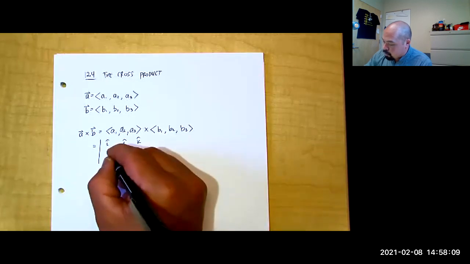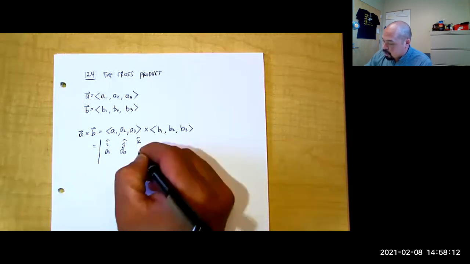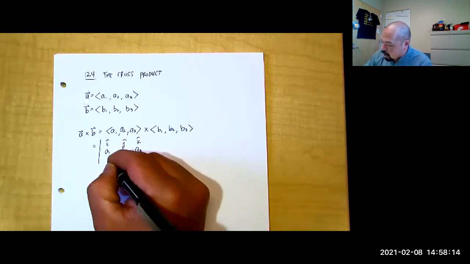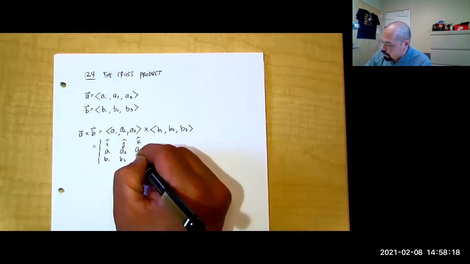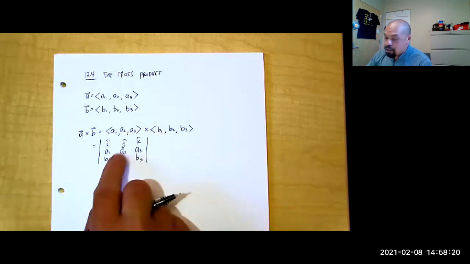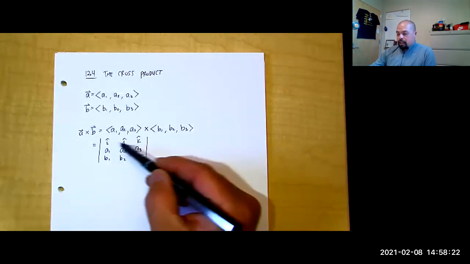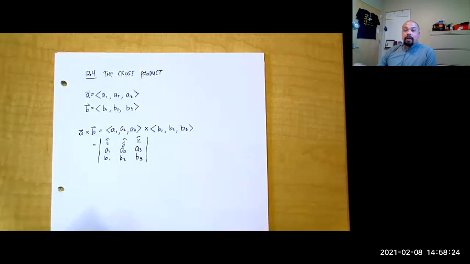a 3 by 3 matrix. Across the top row are unit direction vectors I, J, and K, the X direction, Y direction, Z direction for those unit axes.